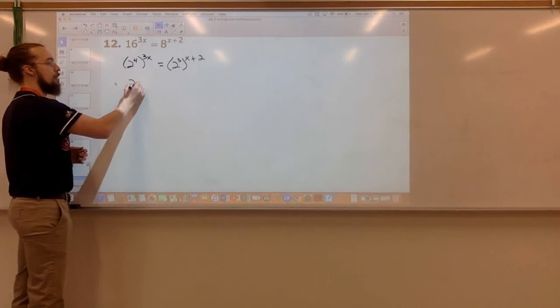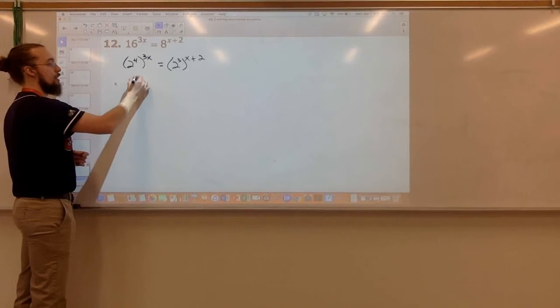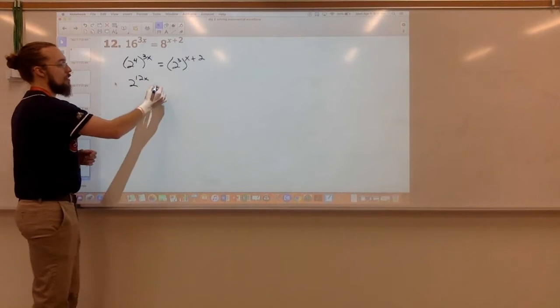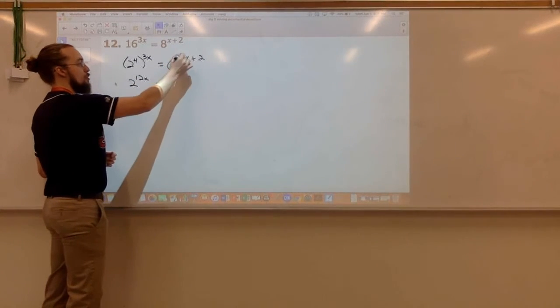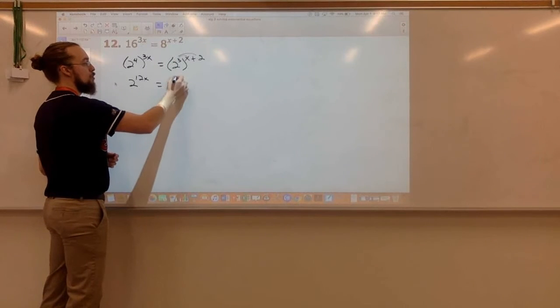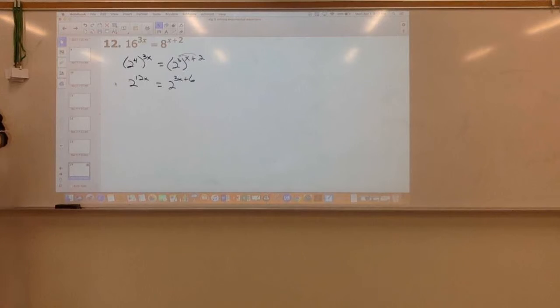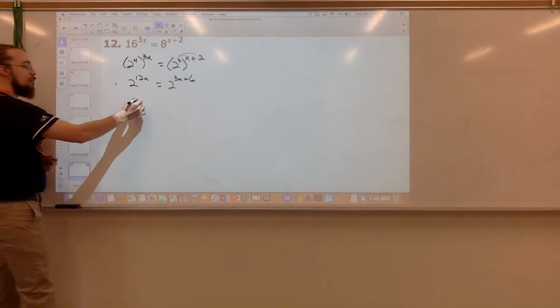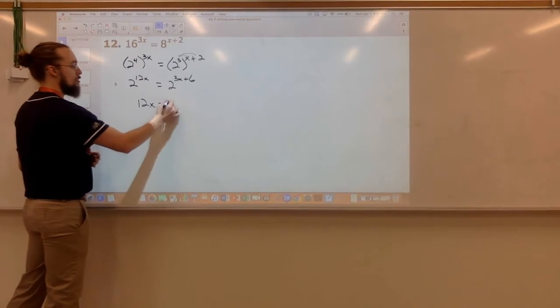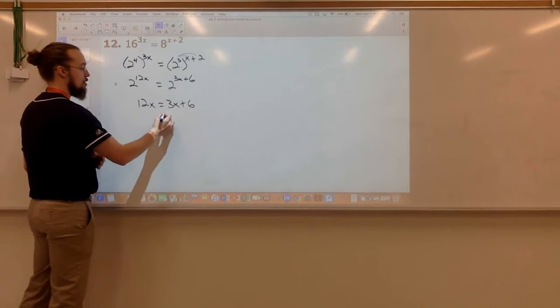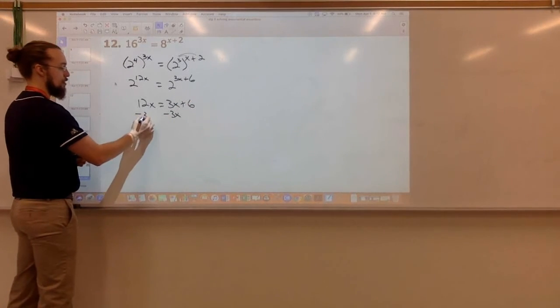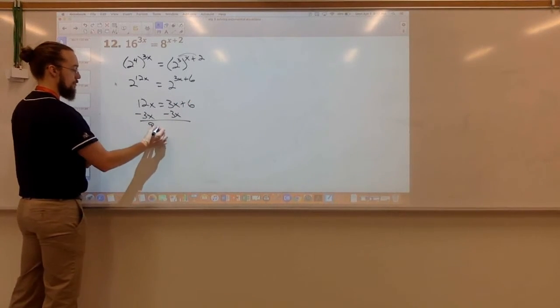Now, I need to multiply my exponents, so 4 times 3x would be 12x, and then distribute this 3, so I'll have 2 to the 3x plus 6. Set the exponents equal, so 12x equals 3x plus 6, and just solve for x.